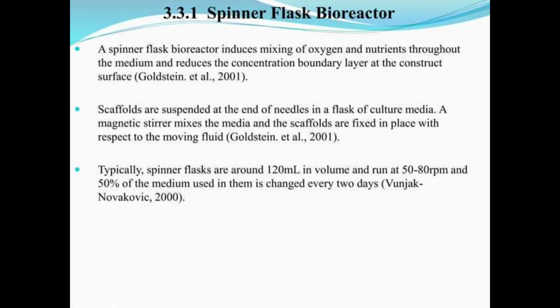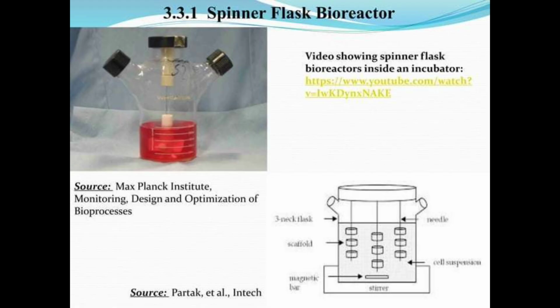The magnetic stirrer rotates continuously so that it allows movement of the fluid present in it. Normally, the spinner flask is around 120 ml in volume and runs at 50 to 80 rpm, and 50% of the medium is changed every 2 days. Here we can see the video.